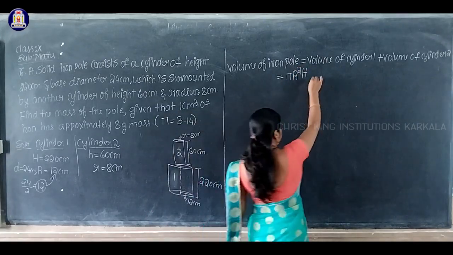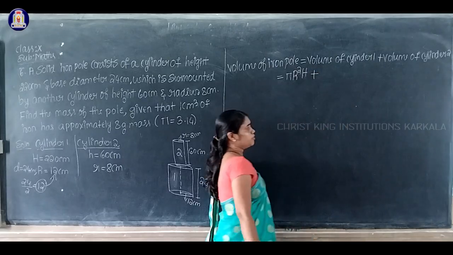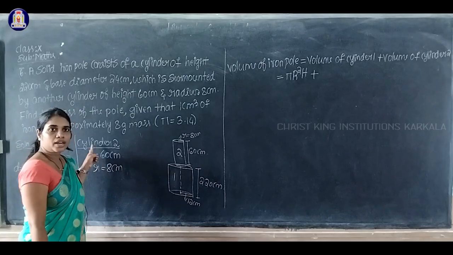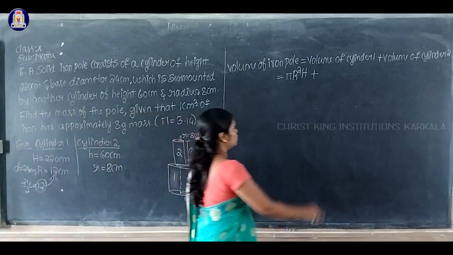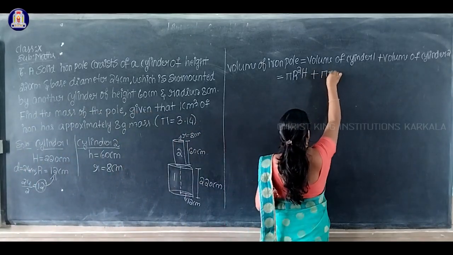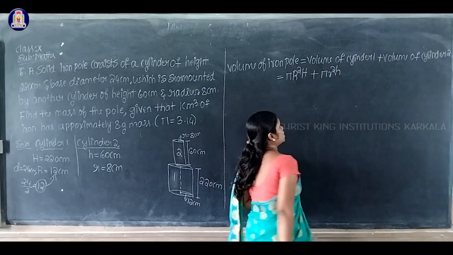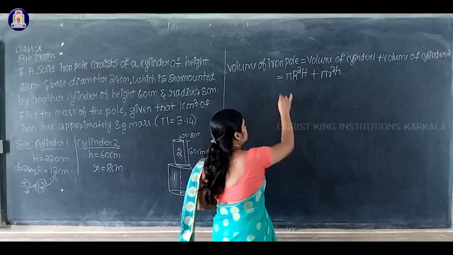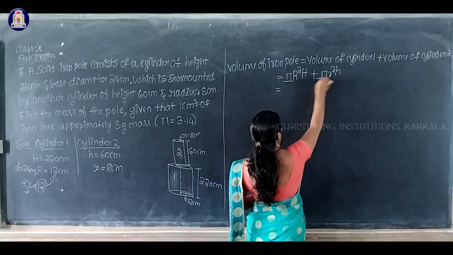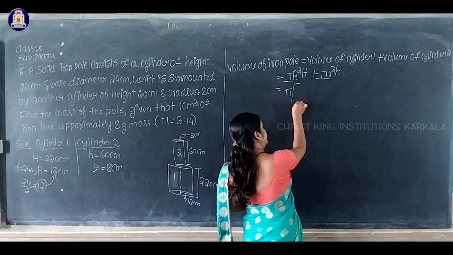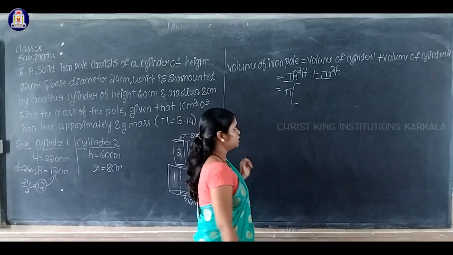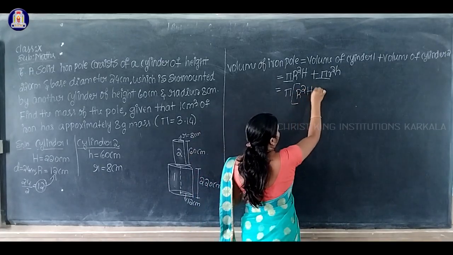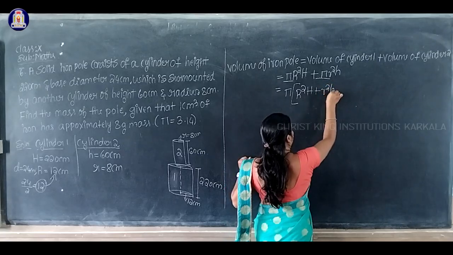Plus volume of cylinder 2. For cylinder 2, radius is small r and height is small h, so I'll use pi r square h. Now among these two terms, take the common term, which is pi. Then the remaining terms are R square H plus r square h.